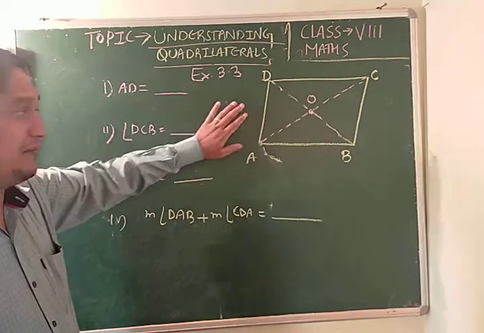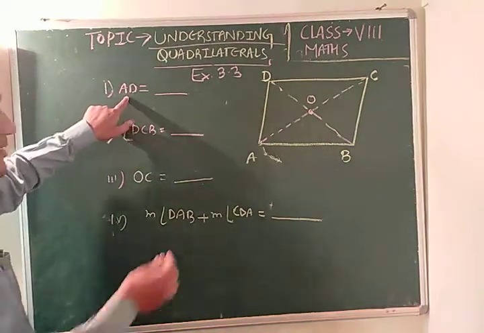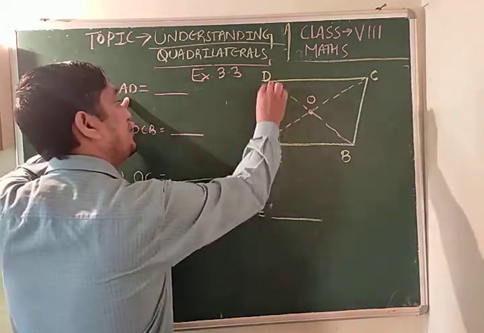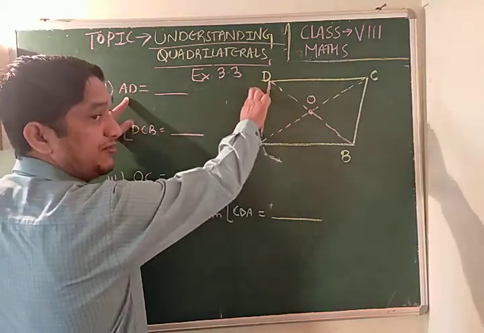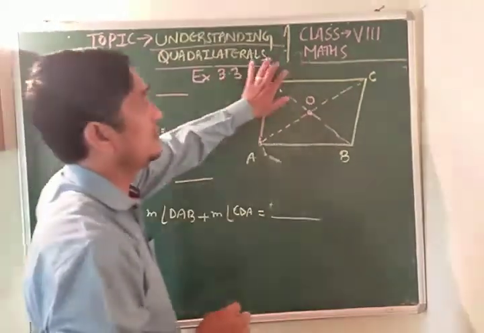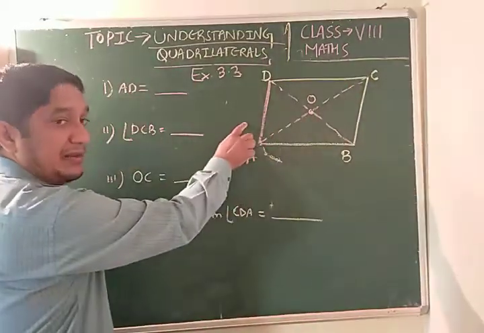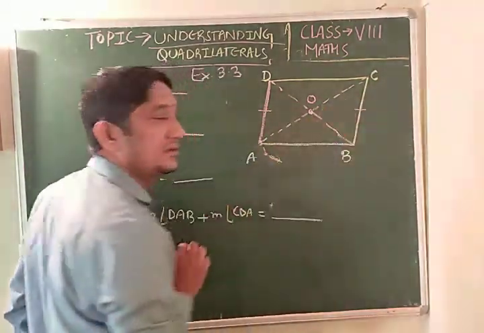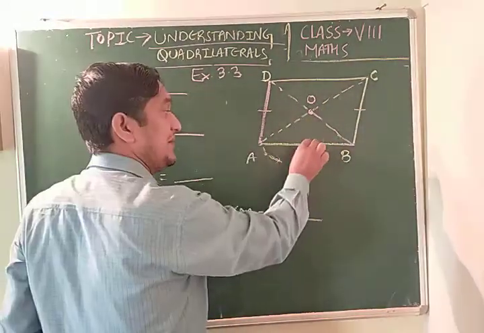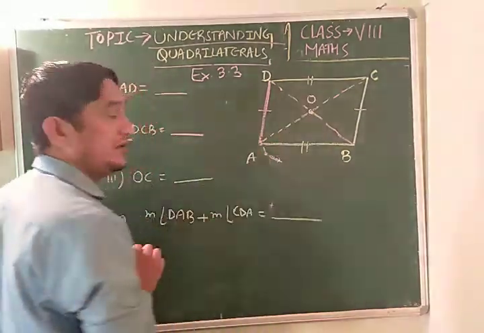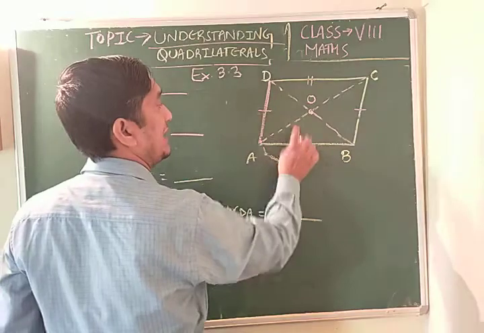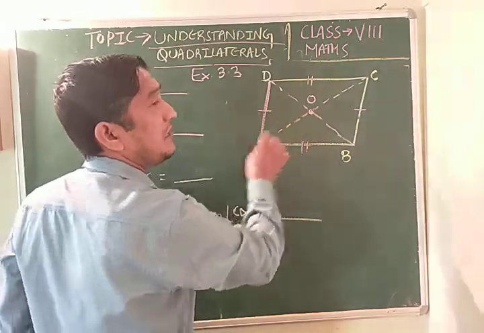This is a parallelogram and this is the side AD. So children, we know that these are the sides of the parallelogram, and in a parallelogram this side must be equal to this side and this AB must be equal to this side, because the property is: opposite sides of a parallelogram are equal.